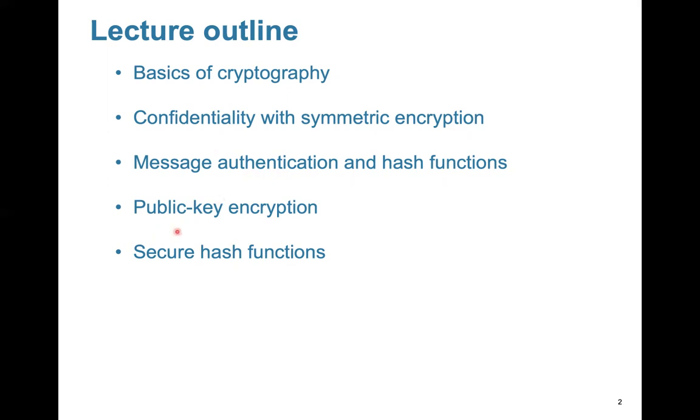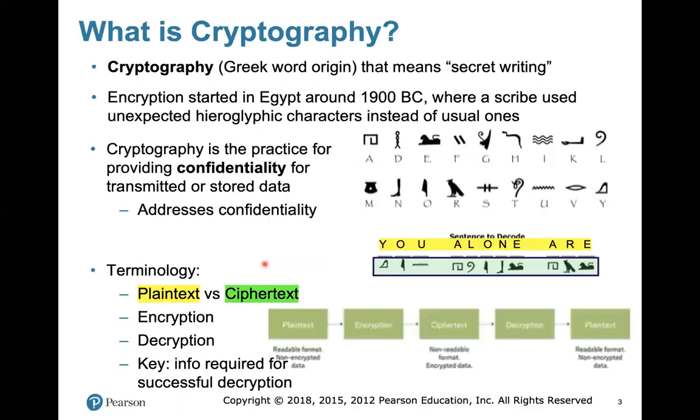And we also talk about public encryption algorithms or asymmetric encryption algorithms. And we end with hash functions and secure hash functions, which are some type of scrambling that is close to encryption or cryptography.